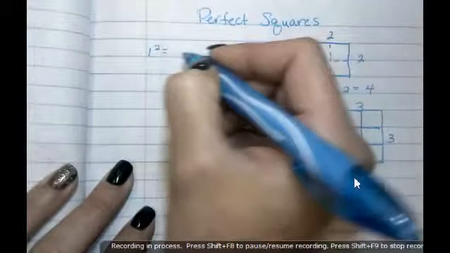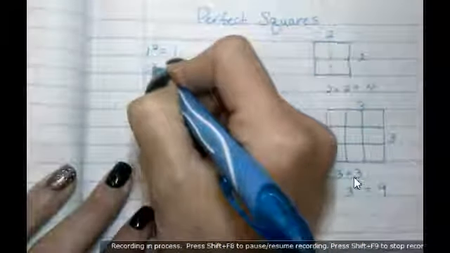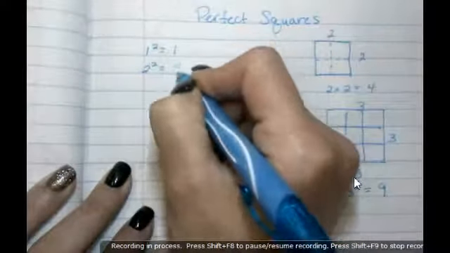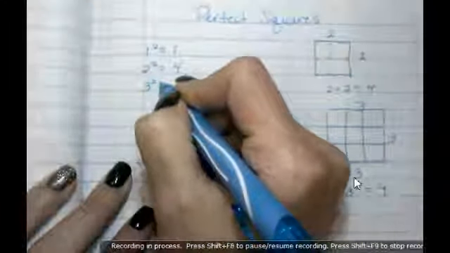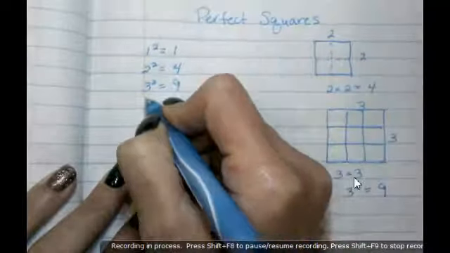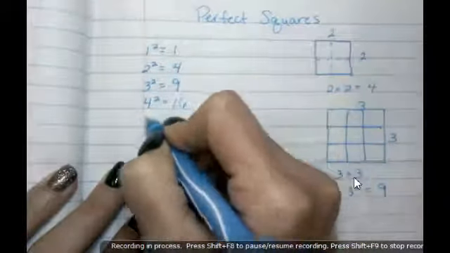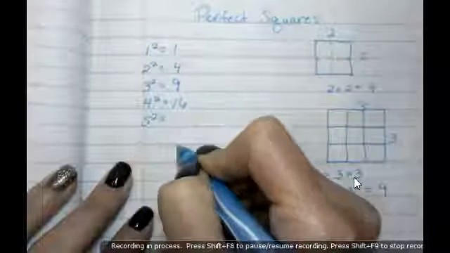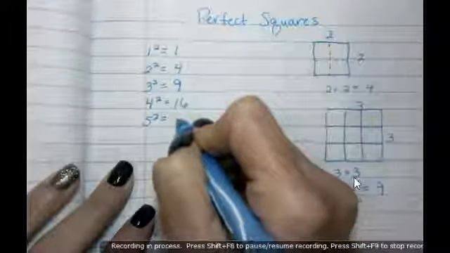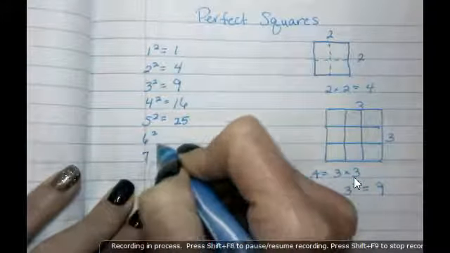1 squared is 1 times 1. 2 squared, 2 times 2. 3 squared, 3 times 3. 4 squared, 4 times 4. 5 squared, 5 times 5. And let's do our perfect squares all the way up through 10.